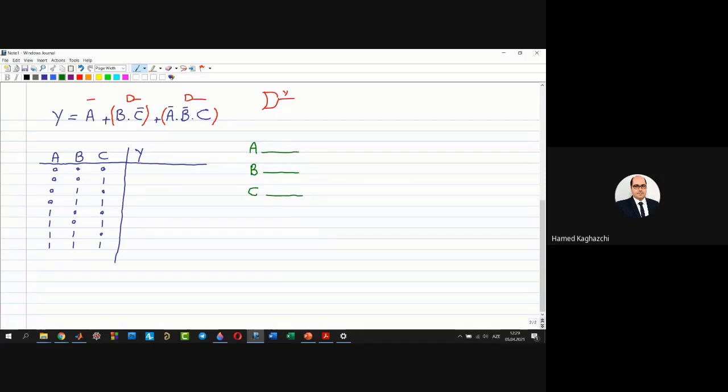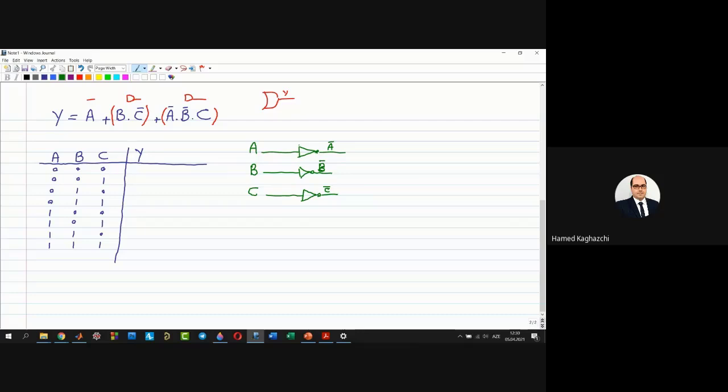I have B bar, it means that I have a NOT gate. I also have C bar, it means that I have a NOT gate, because here is C, B bar, and here is C bar. I also have A bar.